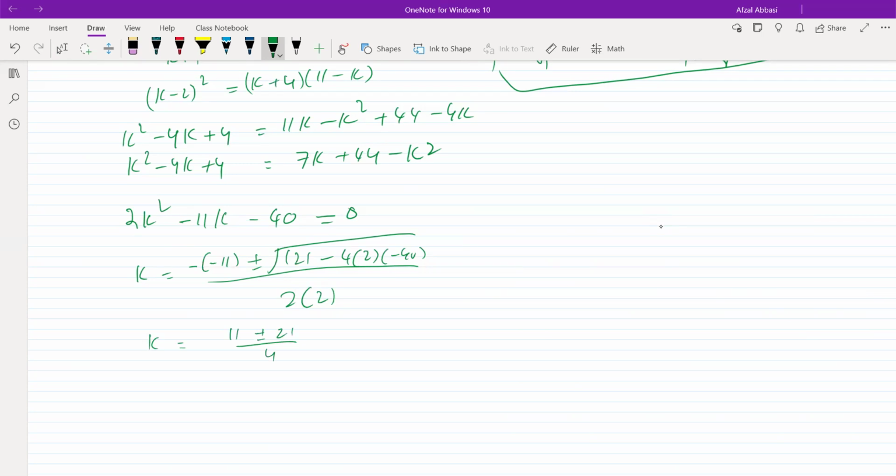So that means the values of k, because it's a quadratic, so we are expecting two possible values of k.